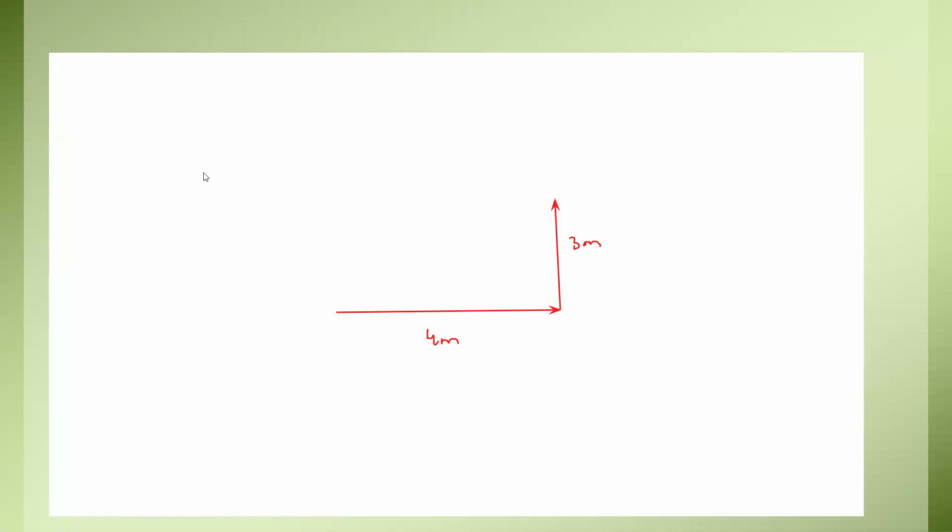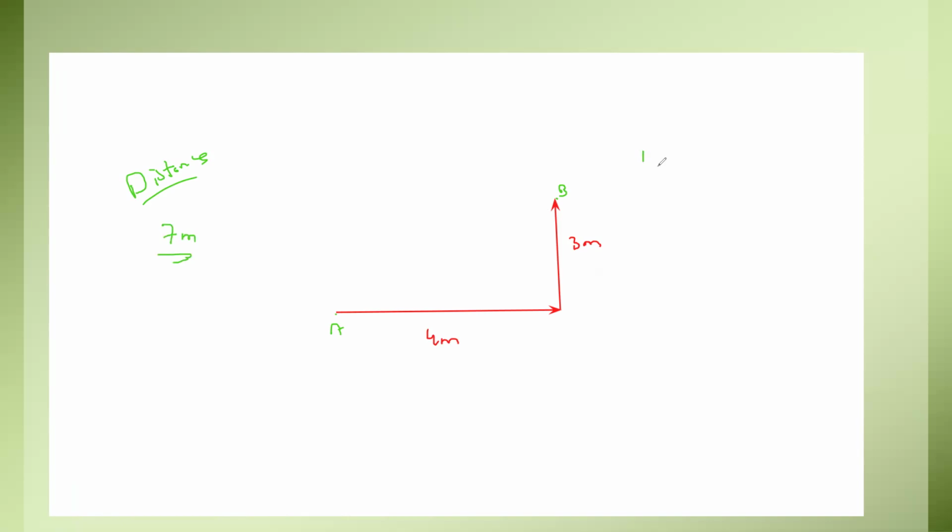What will be the distance in this example? Distance is the total length which we covered from the start till the end. First he covered 4 meters and then 3 meters, so the total distance covered will be 7 meters.